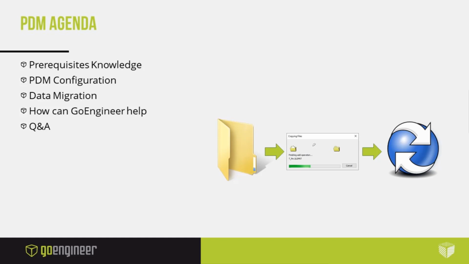So my focus on the main content on this will be manually taking data from a Windows directory and putting it into PDM, which is probably the most common scenario. But we do have other services where we might come from an existing PDM type product and migrate that data into PDM Pro. And then we'll end with some Q&A time.